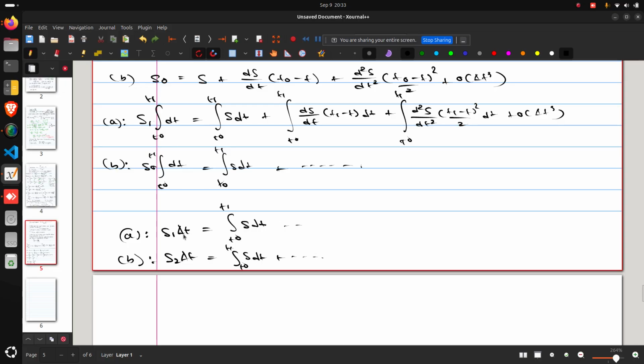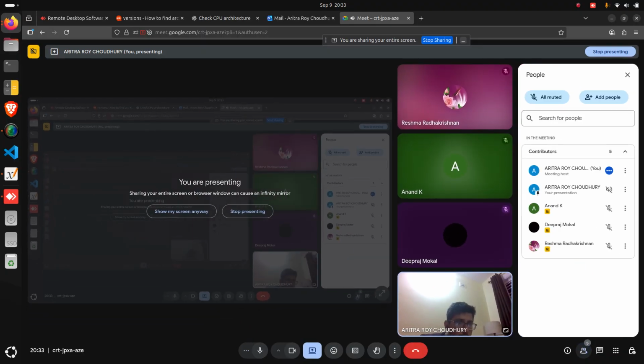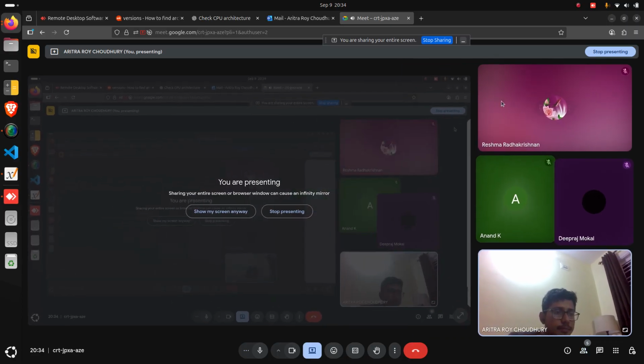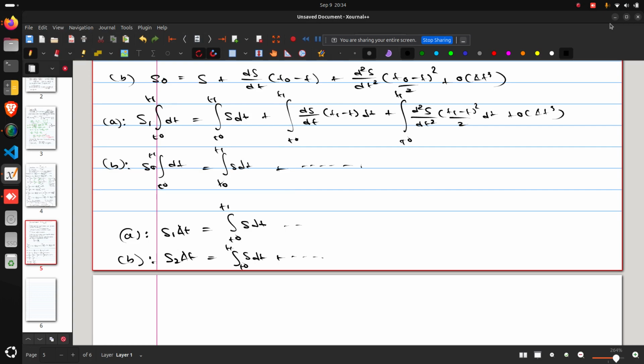Then you will divide it by delta t. So you will again do the same kind of integration for both these terms, and you will divide it by delta t.